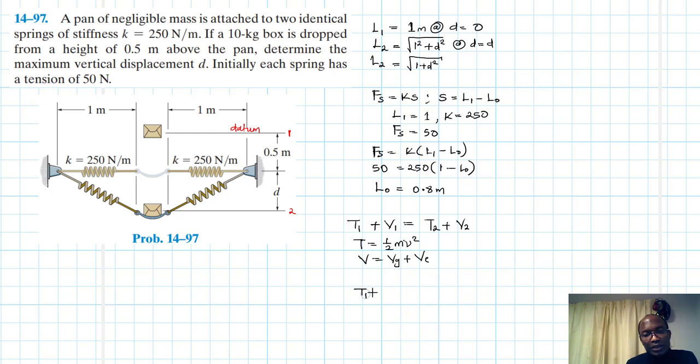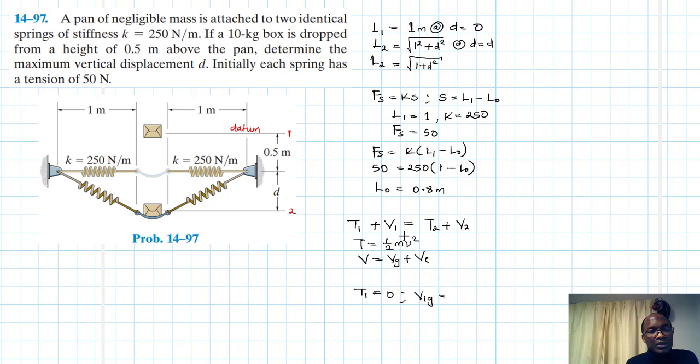So for T1, we have been told that this box is dropped from the height of 0.5. Initially the box is at rest, so T1 is 0.